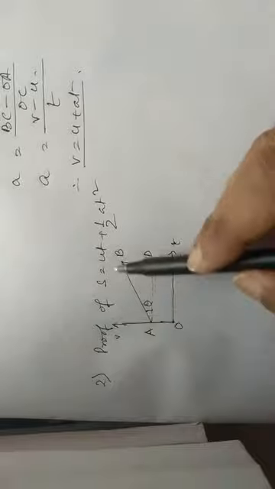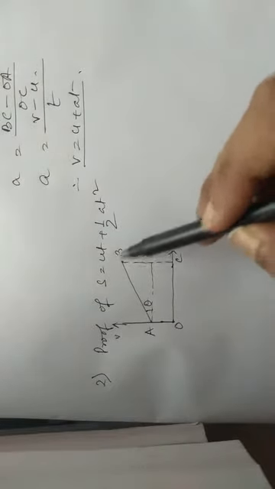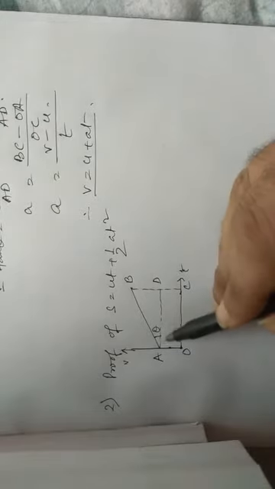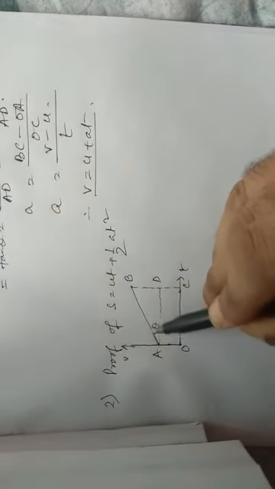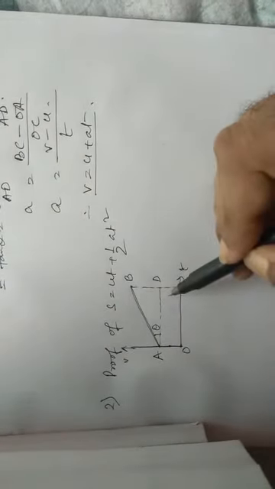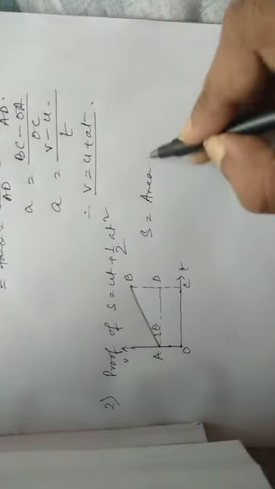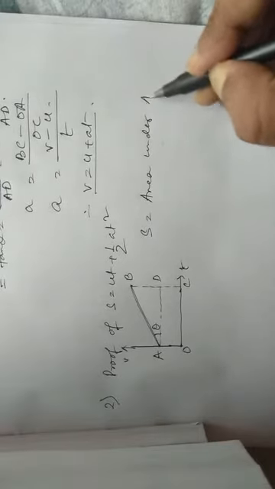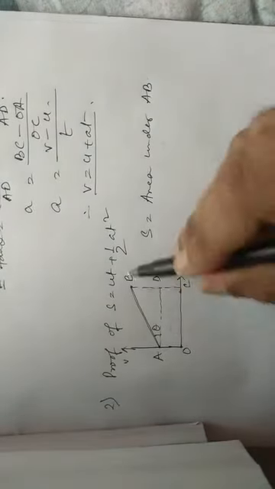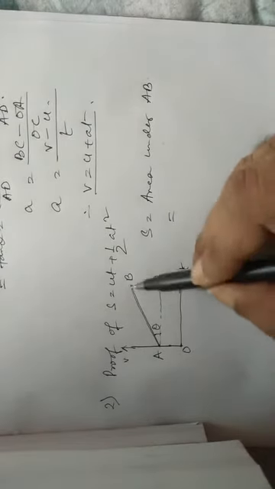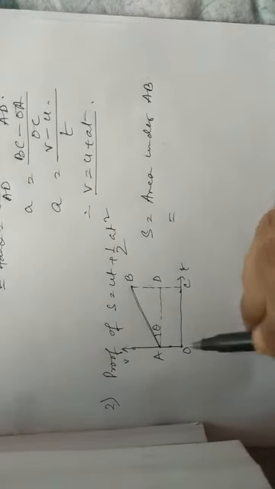Now, proof of S is equal to UT plus half AT square. We draw the same graph as above. Now we all know the area under the VT graph, that means the area under the VT straight line, gives the displacement. So displacement is equal to area under AB. Now this area can be divided into two parts, area of one triangle and area of one rectangle.